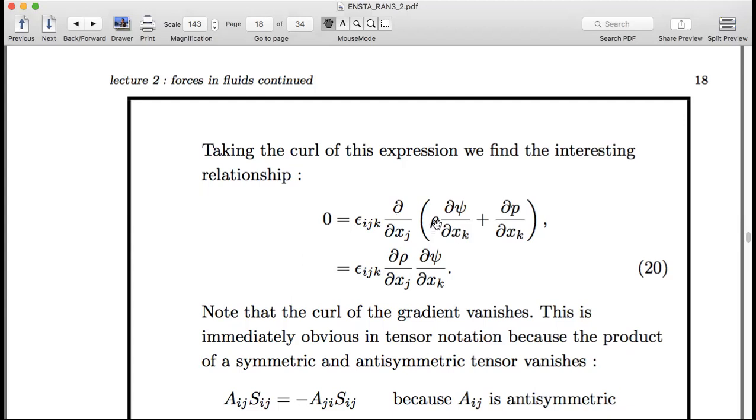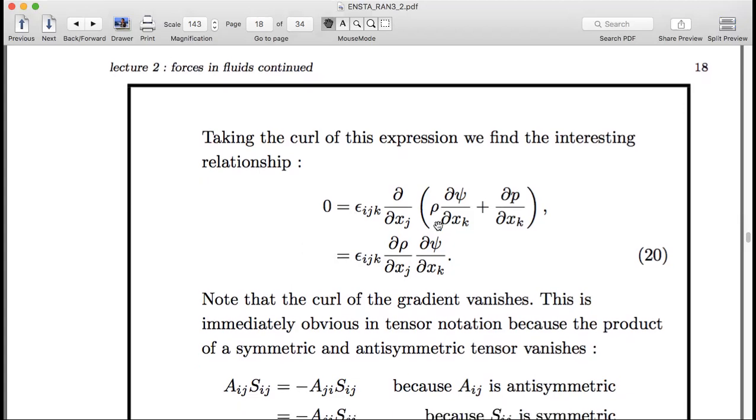So we hold the rho constant, and then we apply this derivative to this term, which looks just like this term, except it's not the pressure now, it's the psi. So again, that's going to equal 0. But the thing that's different is that we also have to apply this derivative to the rho. So then that's going to be different, and that's not going to be equal to 0.